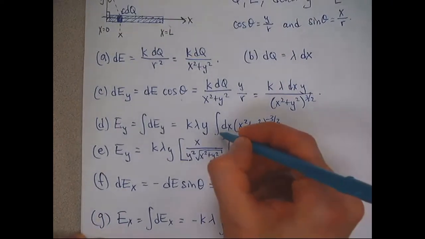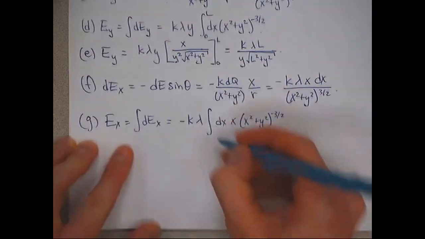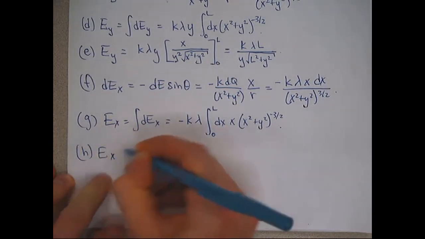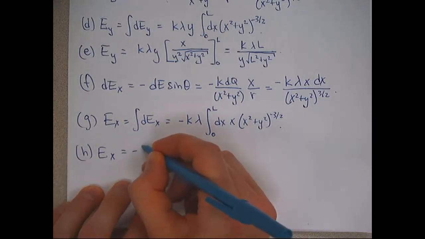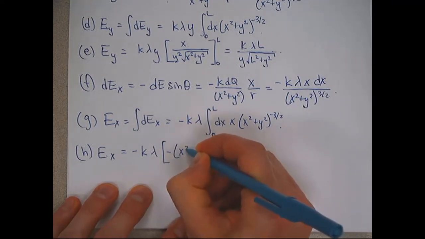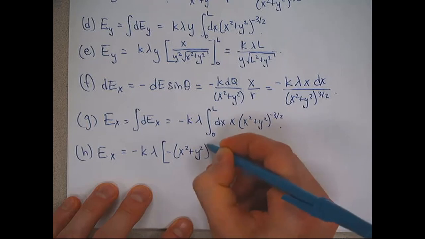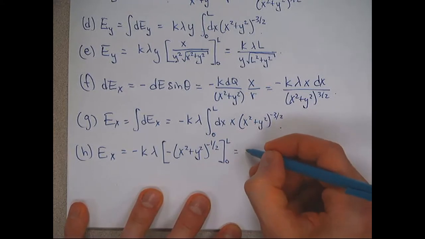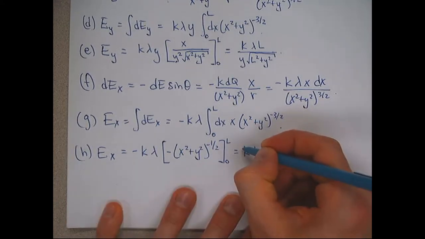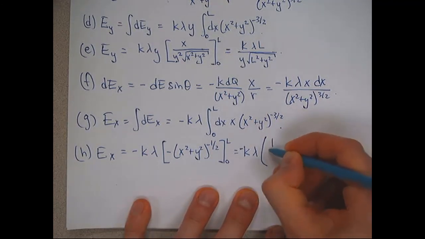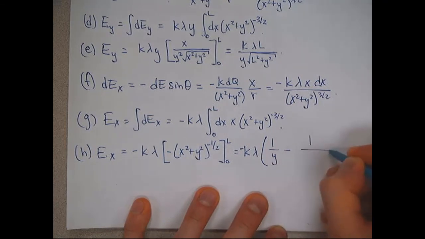I forgot limits up here, again 0 to L on the integral, and evaluating that integral leaves us with minus k lambda times negative x squared plus y squared to the minus 1/2, 0 to L, or minus k lambda times 1 over y minus 1 over the square root of L squared plus y squared.